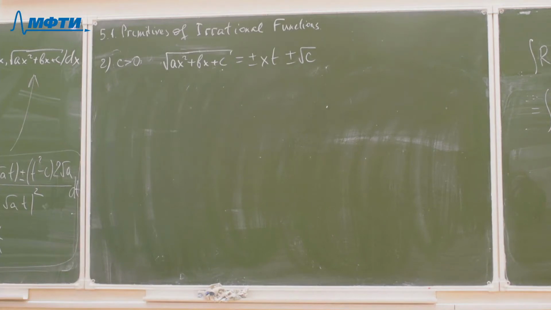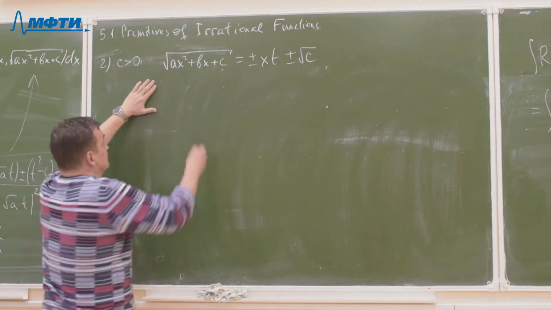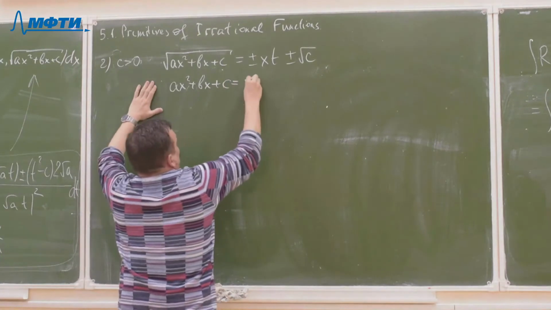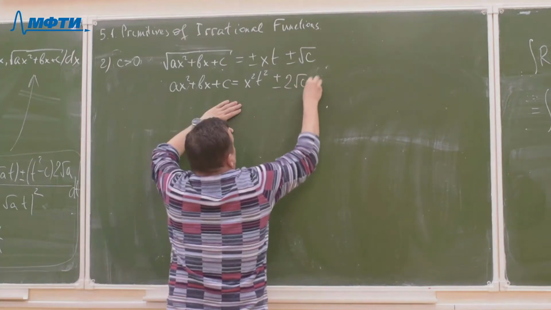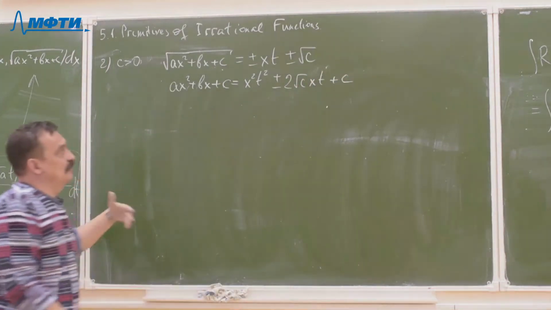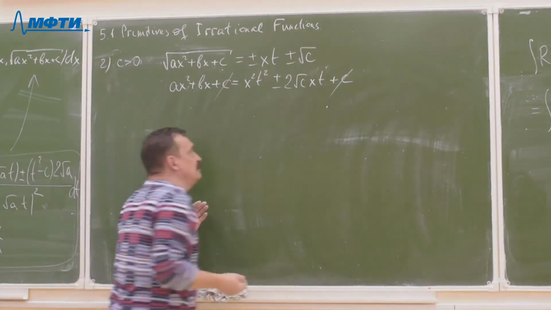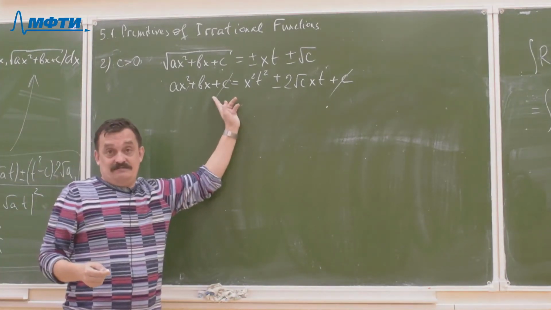Once again, the main point is to express x as a function of t. What we should do, we take the square of both sides. What we obtain: ax squared plus bx plus c equals x squared t squared plus or minus 2 square root of c xt plus c. And again, the main point here is we cancel c, and after that we can cancel the common multiplier x in both sides.